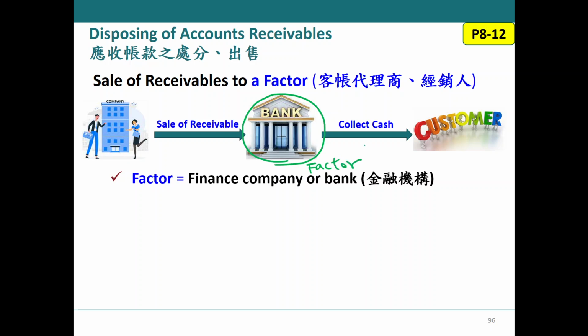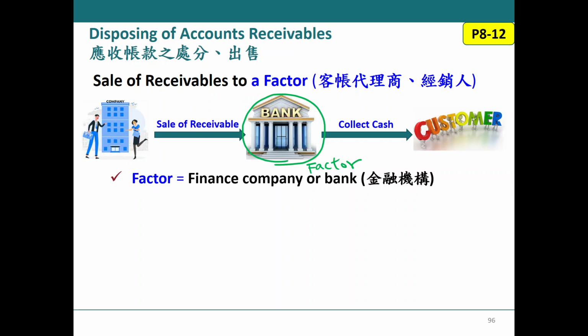Okay, so the factor, the bank, is the company who buys your receivables. Your company sells the receivables to the bank. Later on, the bank will ask the customer to pay the money back.